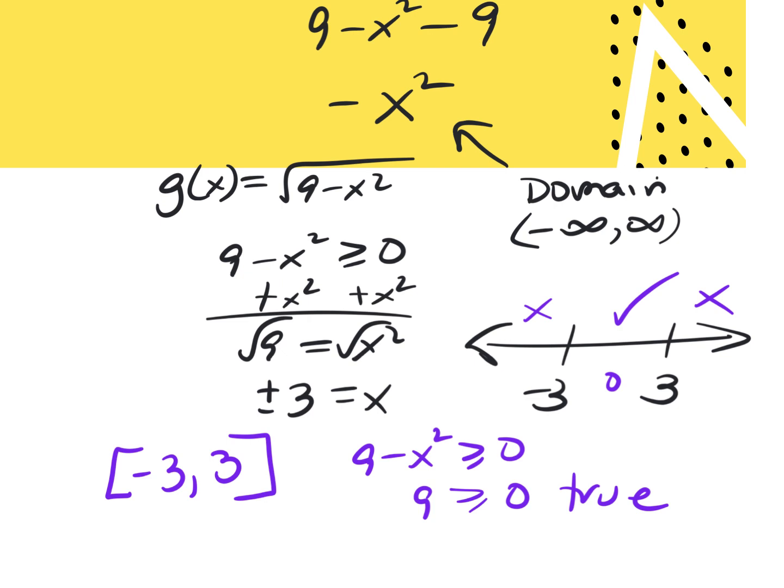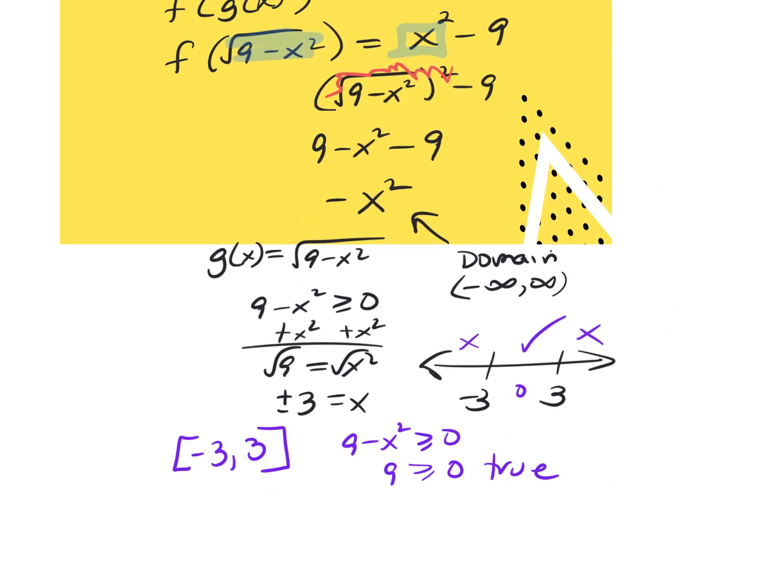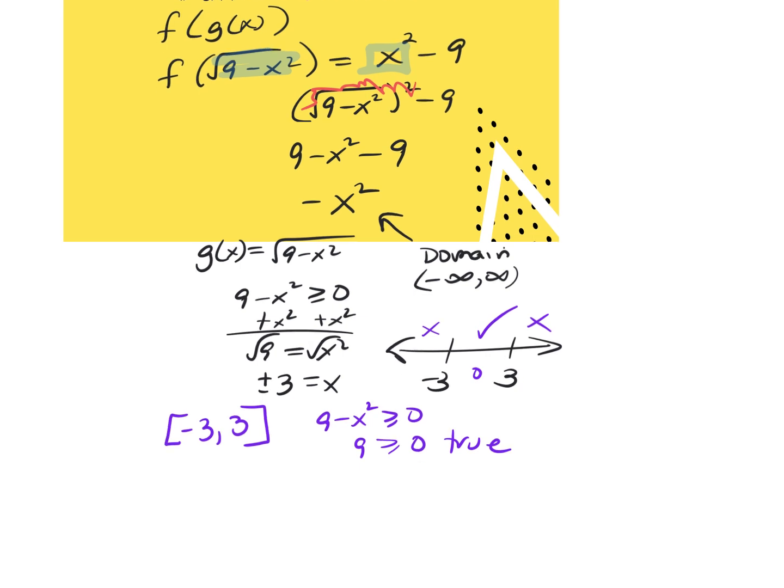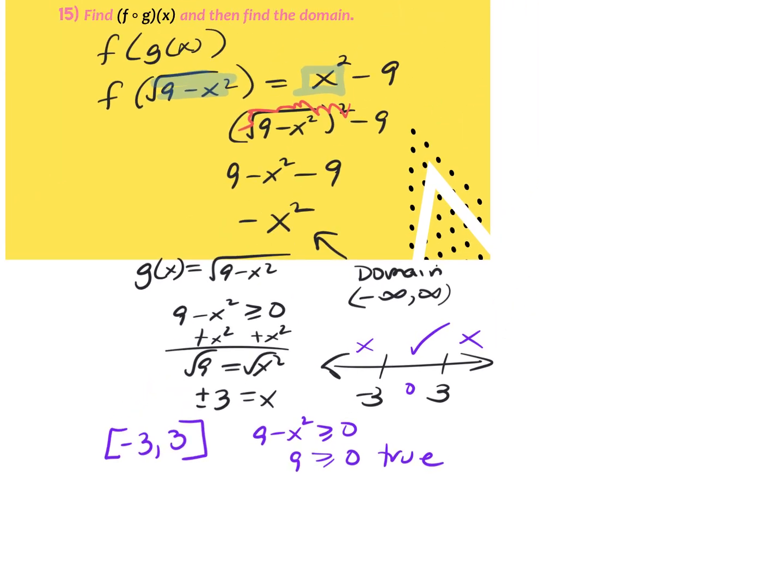So the domain of my final, since my final combined didn't have any restrictions, but my input function does, my final domain is just my input function. So the domain of the combined function is going to be negative 3 to positive 3.